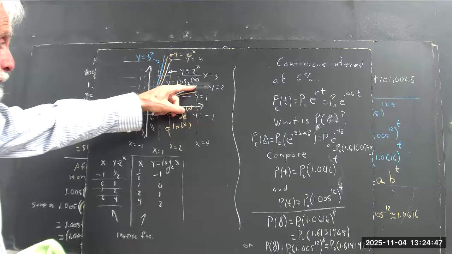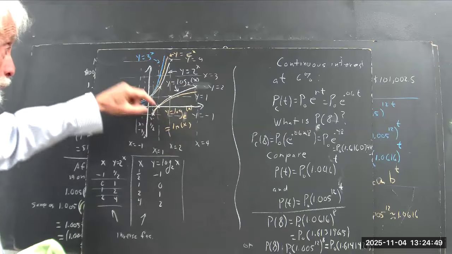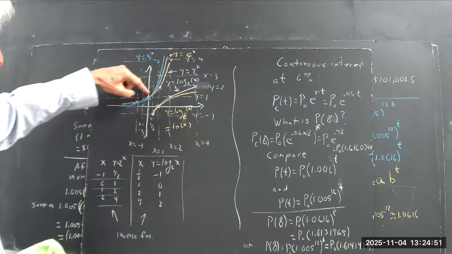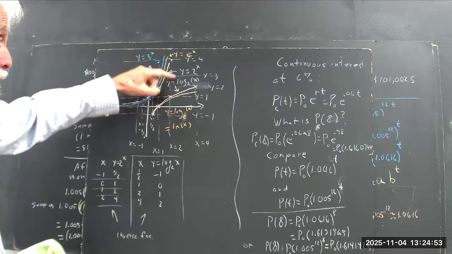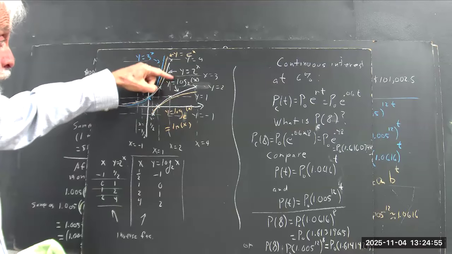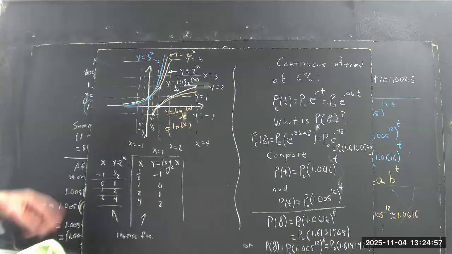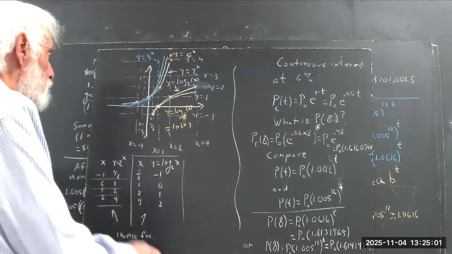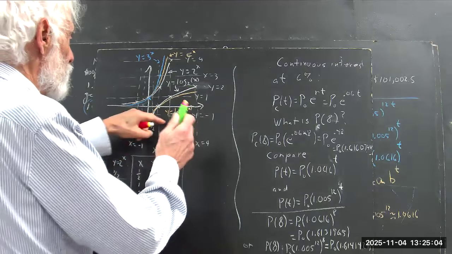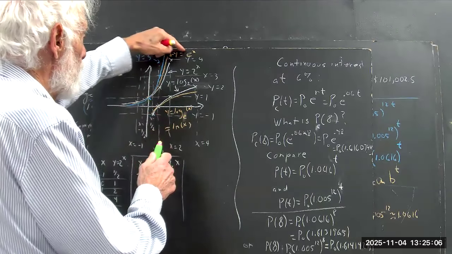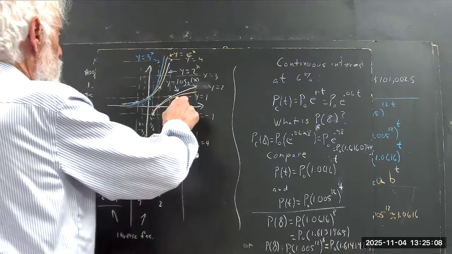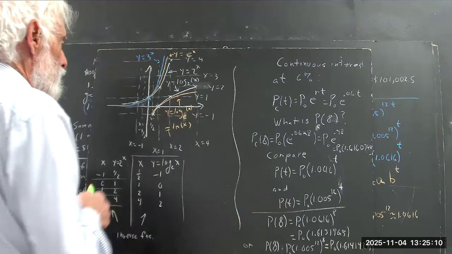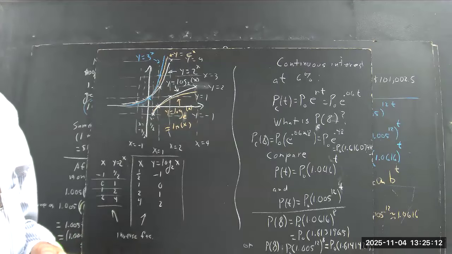So a white graph is what we get when we reverse the coordinates of this white graph. And that's your log base 2 of x. And then in this color we got y equals e to the x and y equals log base e of x.